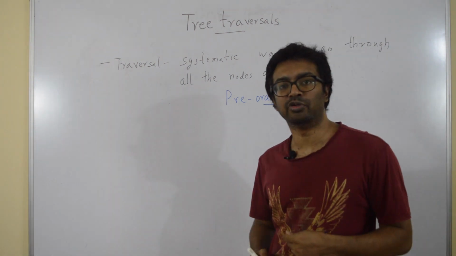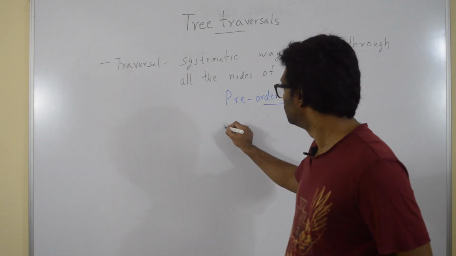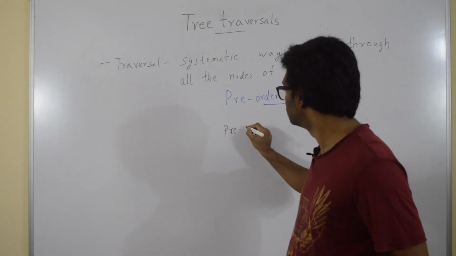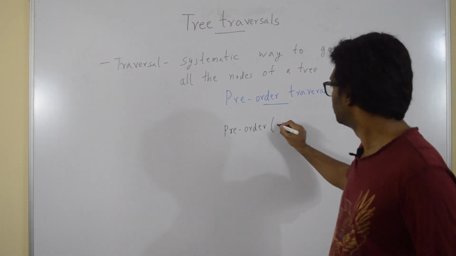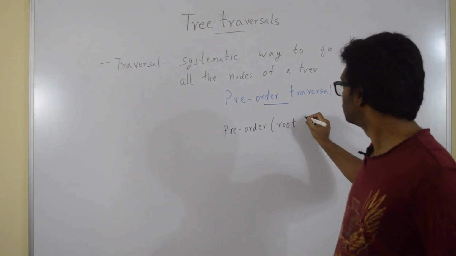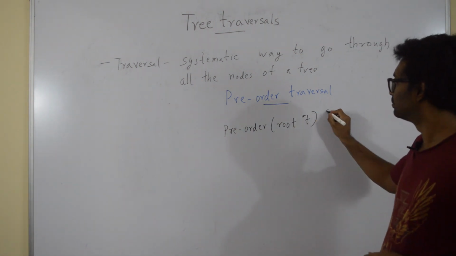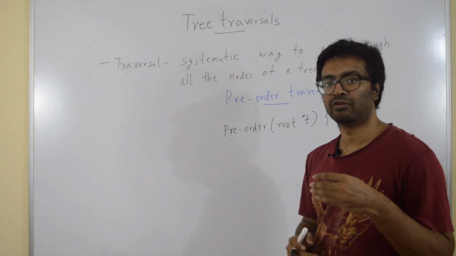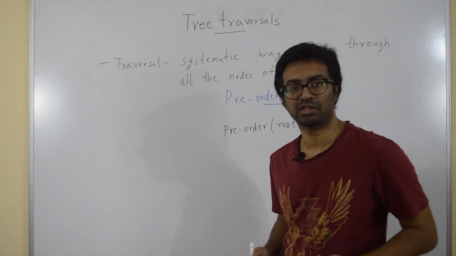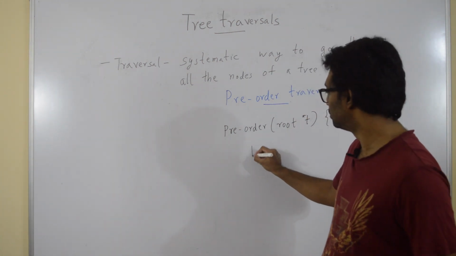The function is going to be called pre-order traversal, and it's going to start from a root node. First thing when I visit the tree, what do I need to do? I'm going to print the value there, right?